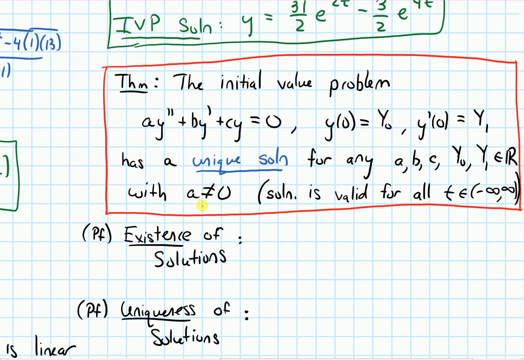Because if a was 0, this wouldn't be a second order differential equation. And moreover, the solution is valid for all values of t.